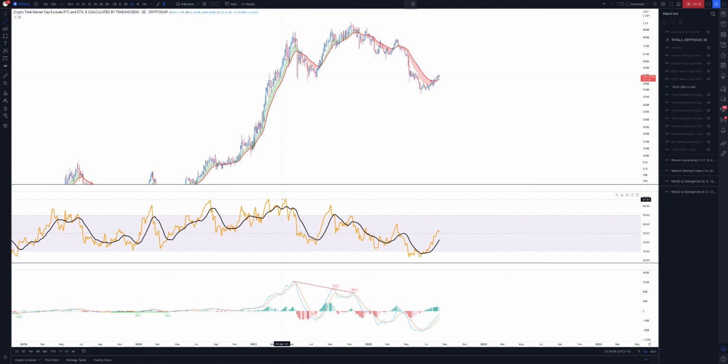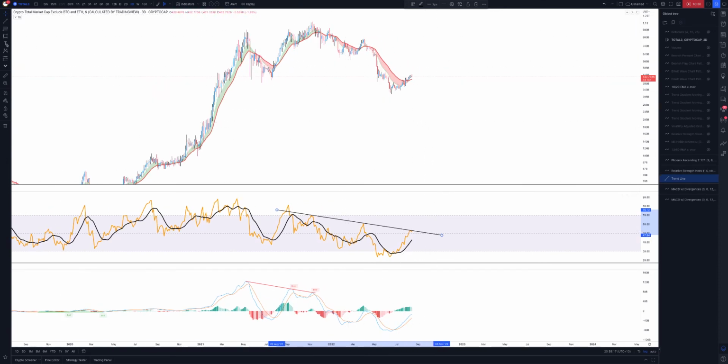And from RSI, I can't rely on the RSI on this one because it could just be like that as well. So we might just look at that from that perspective. This is total market cap excluding Bitcoin and Ethereum. So that's resistance.